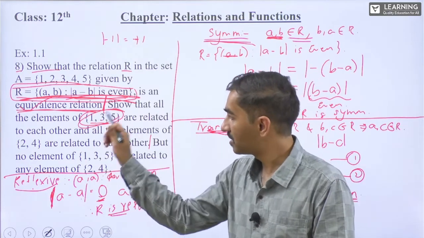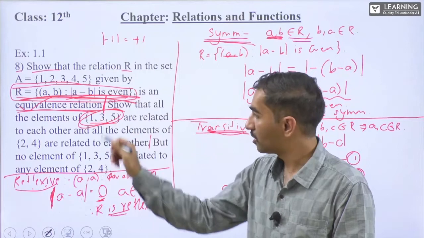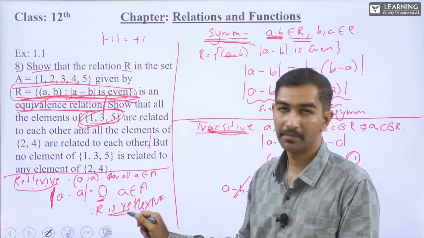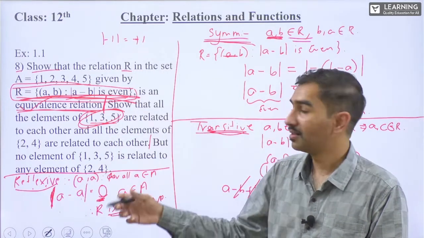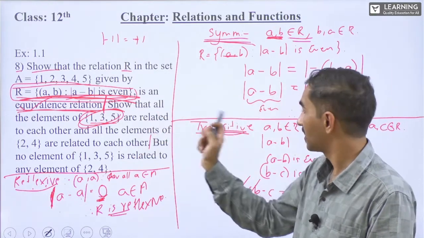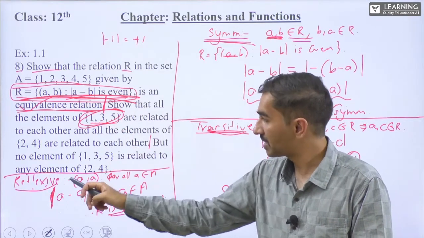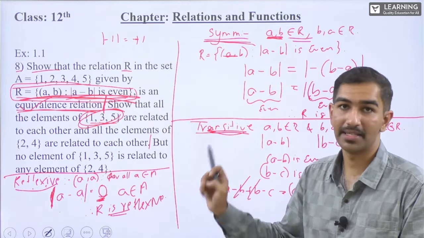So this set satisfies reflexive because any subtraction between these odd numbers gives even. 0, that is even. Here also, same thing: symmetric also we are getting even, as well as in transitive also we are getting even.